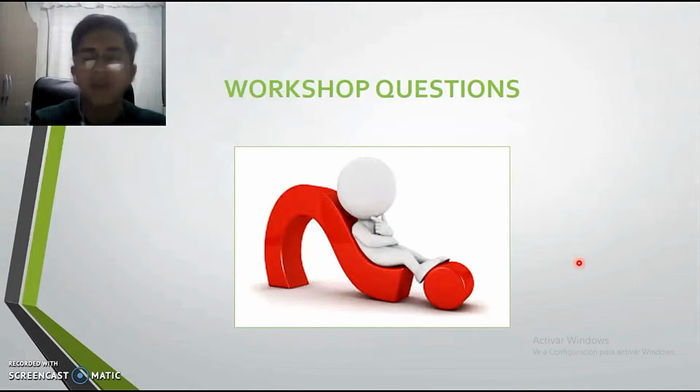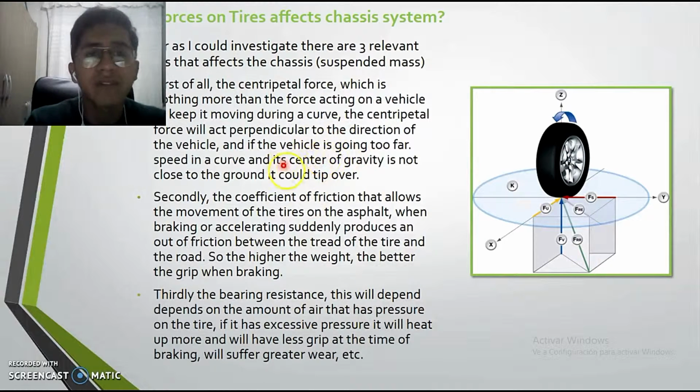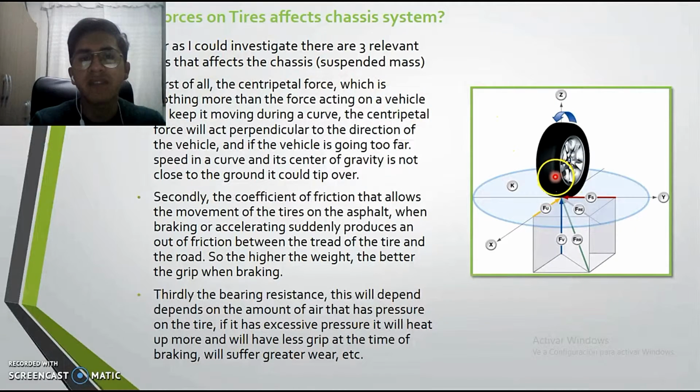We'll start the workshop questions. Number 1. How do forces on tires affect the chassis system? I think, as far as I could investigate, there are 3 relevant forces that affect the chassis suspension mass.